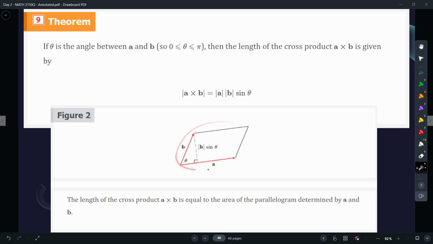Therefore, the area of the parallelogram will be the length of the base, A, times the length of the height, which is the length of B times the sine of theta. So the length of the cross product is the area of the parallelogram formed by A and B, which is something neat. It just gives you a sense of how big A and B are, and what area they span in their parallelogram.